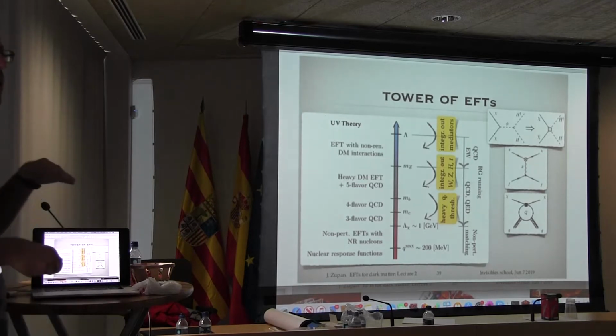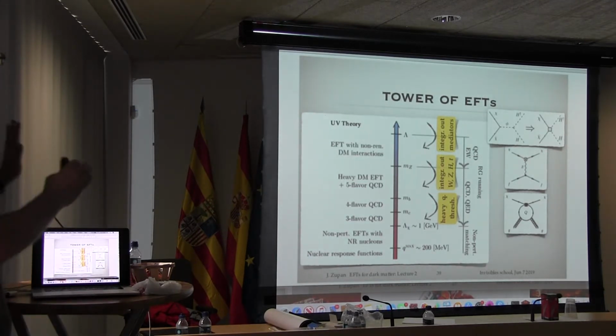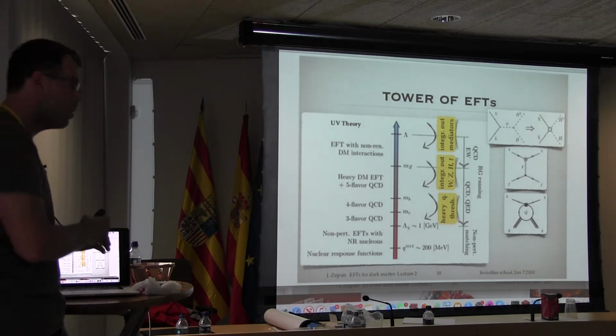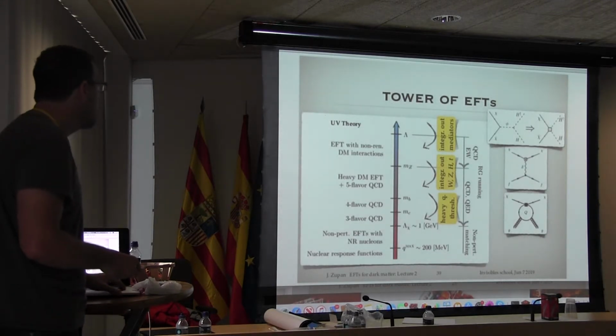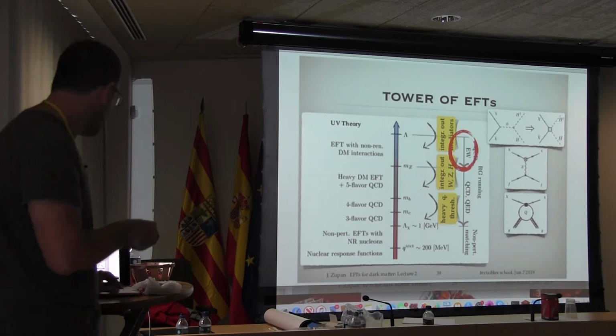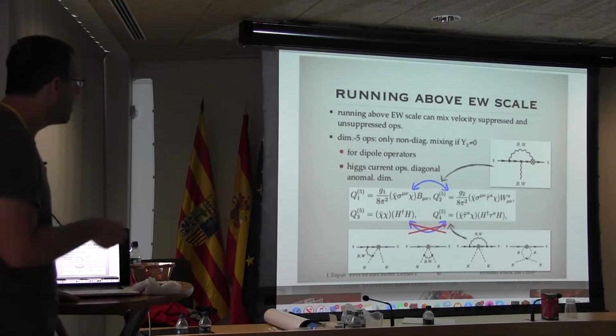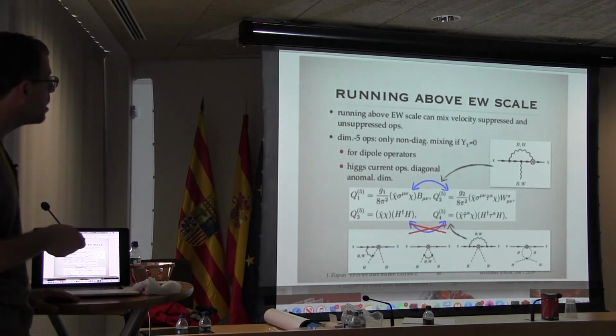All right, so I'll go now over the steps, and I will also show the example of what happens to these axial operators. We've done the first step. Now we'll do the electroweak running. In the electroweak running there's mixing of dimension 5 operators.